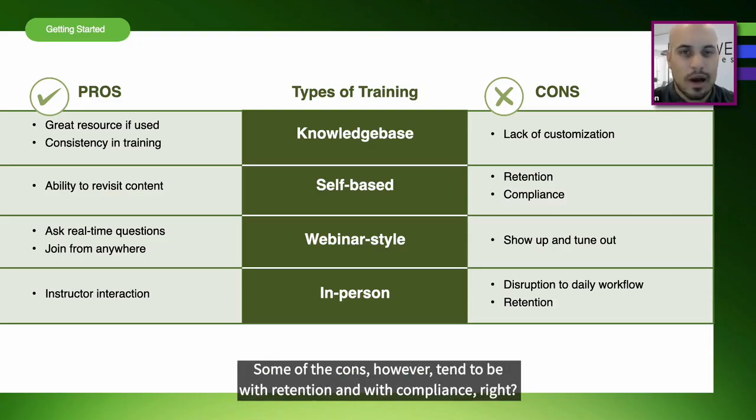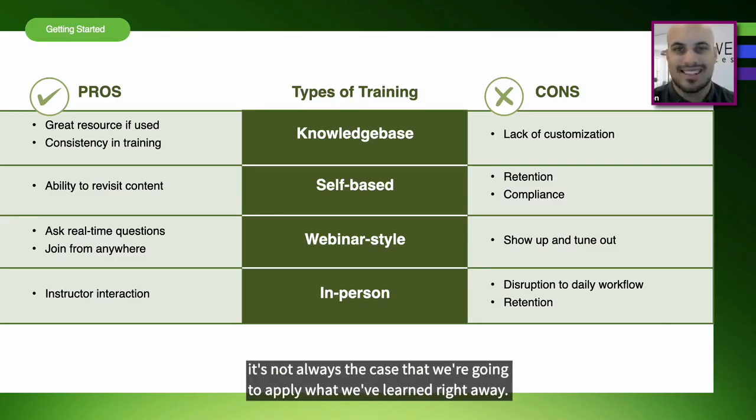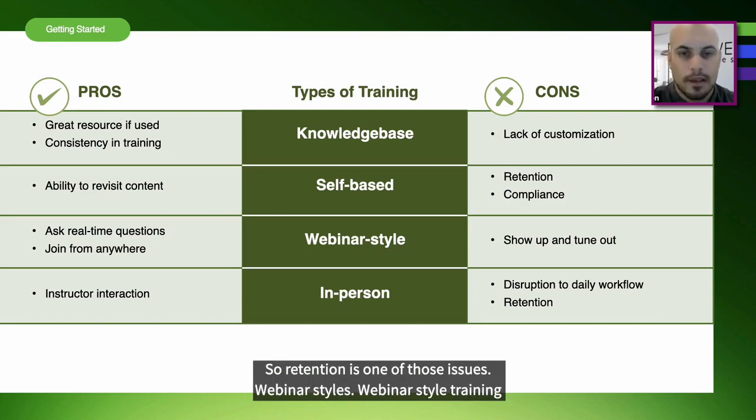Some of the cons, however, tend to be with retention and with compliance, right? Once we've walked through some self-paced training, it's not always the case that we're going to apply what we've learned right away. So retention is one of those issues.